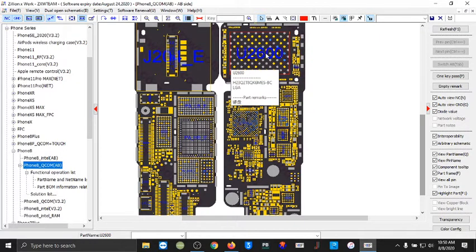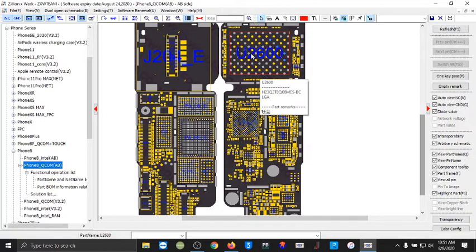As I pushed on the NAND, it would stay on and boot fine. As soon as I let go, it would power off. If I flexed the board just a tiny bit, it would stay on, and as soon as I released the flex, it would power back off again.